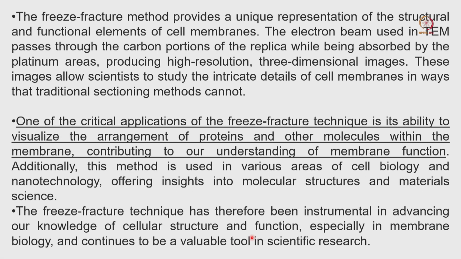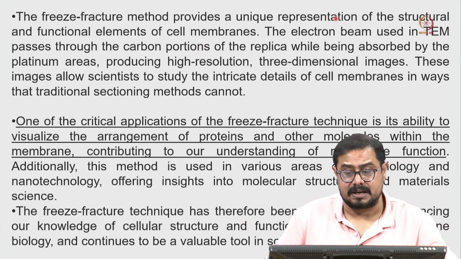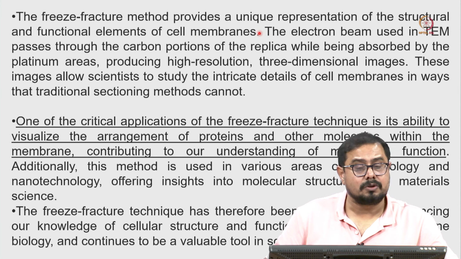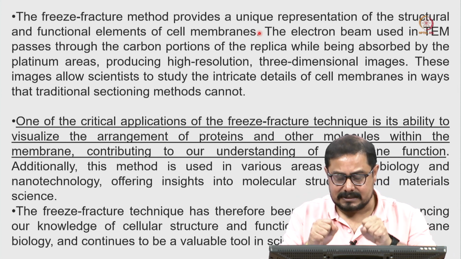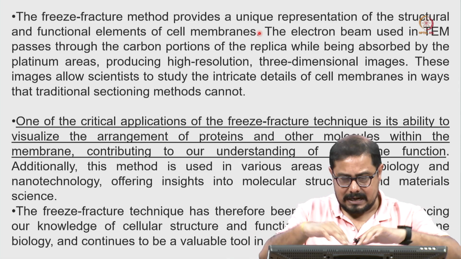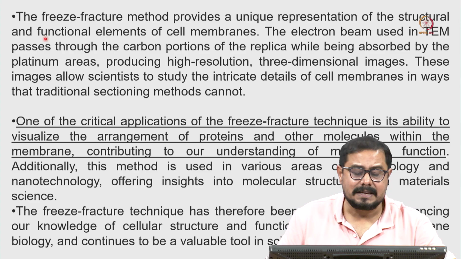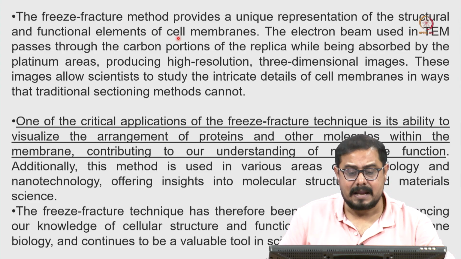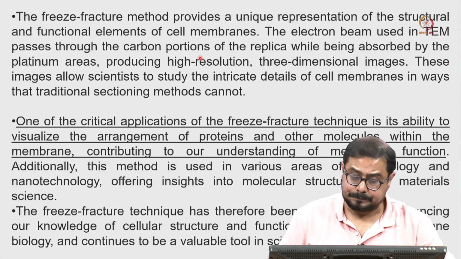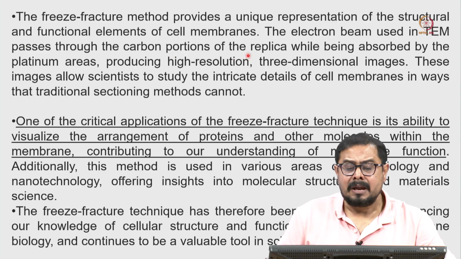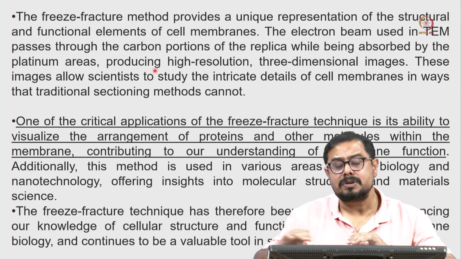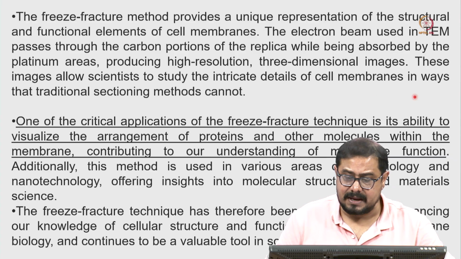So, the freeze fracture method provides a unique representation of the structural and functional elements of the cell membrane. The cell membrane stays as it is; we are just freezing it and then mechanically trying to rupture it, and if you look at the cell membrane, we can see lots of details and elements. The electron beam used in the TEM passes through the carbon portion of the replica while being absorbed by the platinum area, producing high resolution 3-dimensional images.